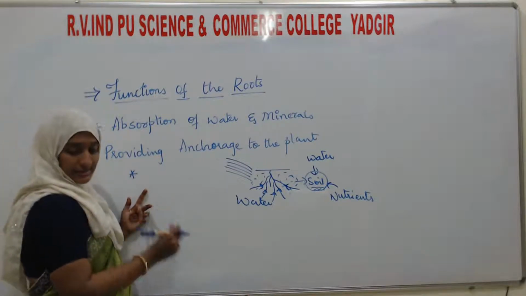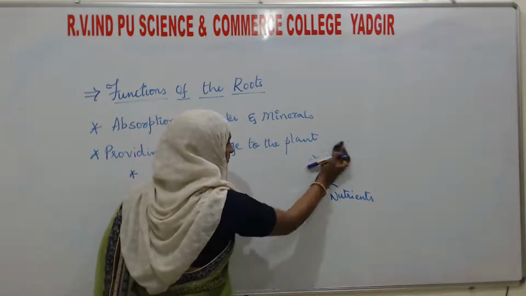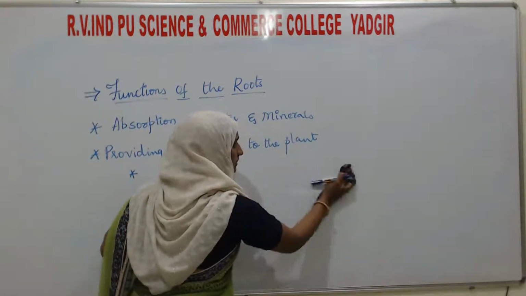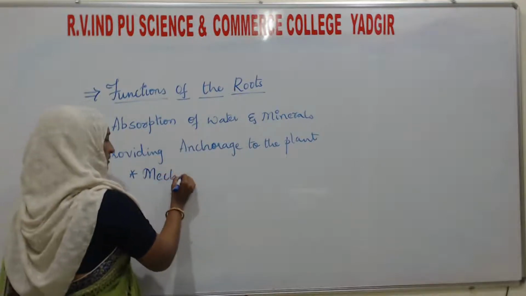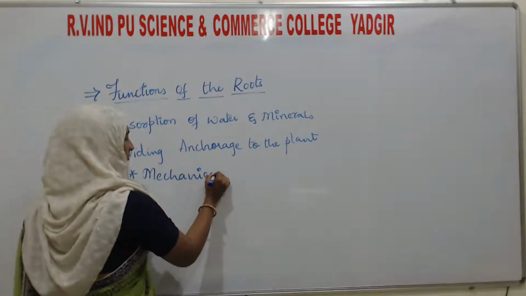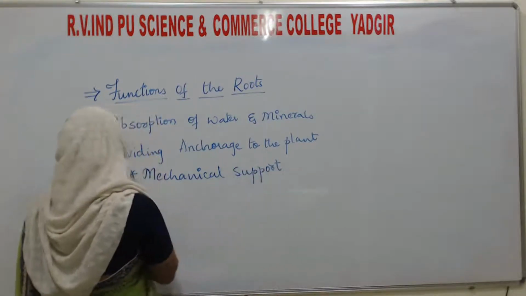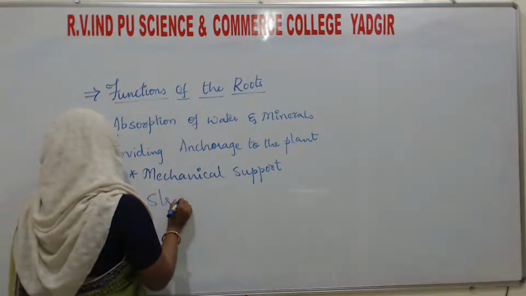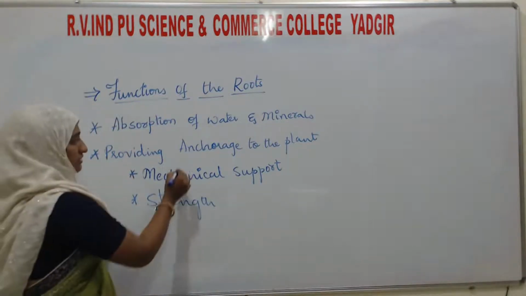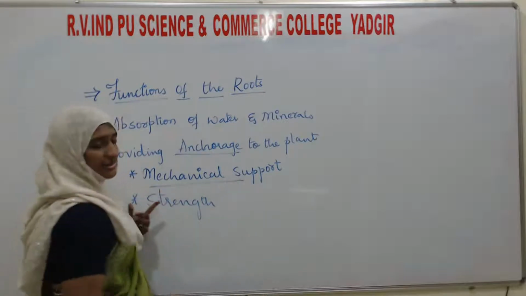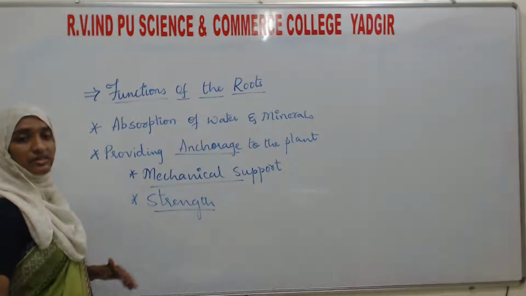You can also write it as the support, mechanical support, or else it also provides the strength to the plant. It provides the mechanical support to the plant as well as the strength to the plant.